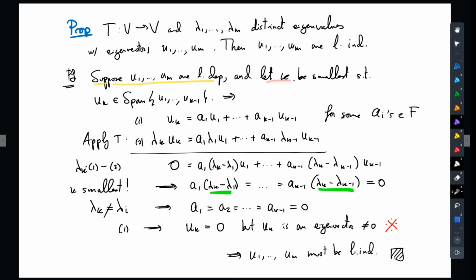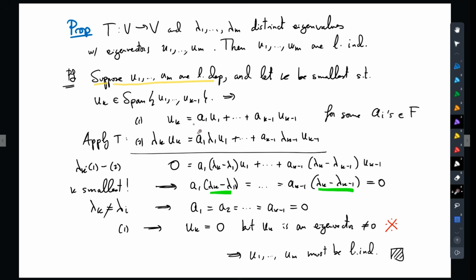And let k be smallest such that uk is in the span of the other ones. Remember that if you have a list of linearly dependent elements, then there is a first element, starting from the right, that is going to be in the span of all the others. So let uk be in the span of u1 through uk minus 1.